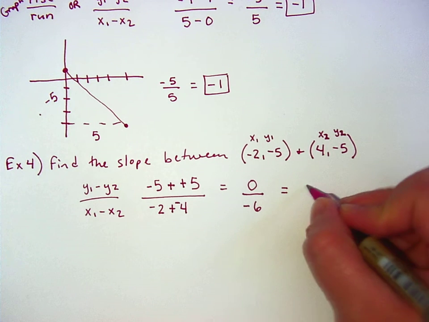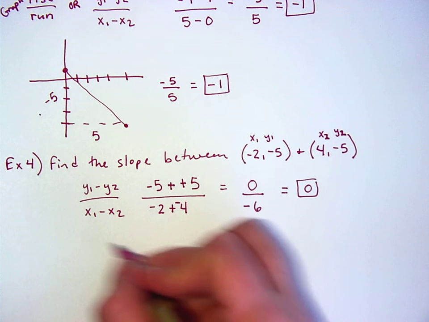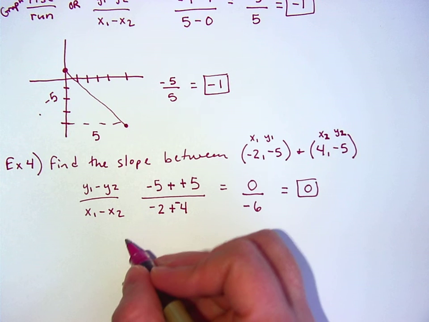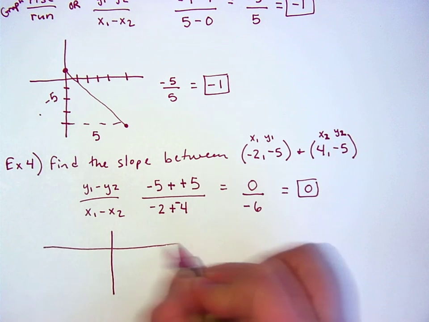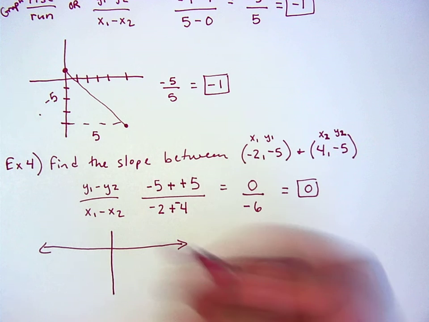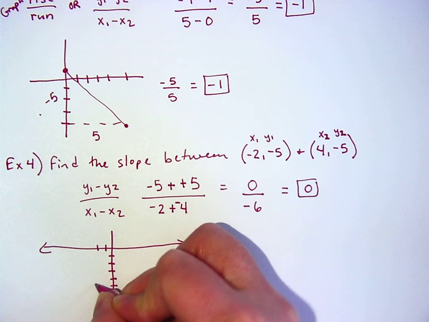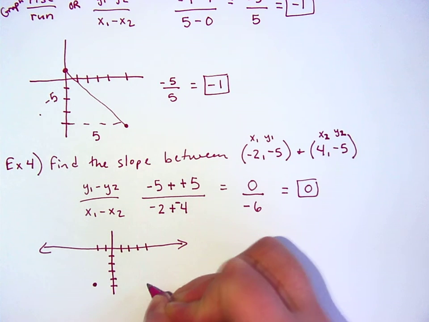0. Okay, now what we're going to do really quick is we're also going to graph these. And everybody's going to try this. All right, so here's negative 2, negative 5. And here is 4, negative 5.